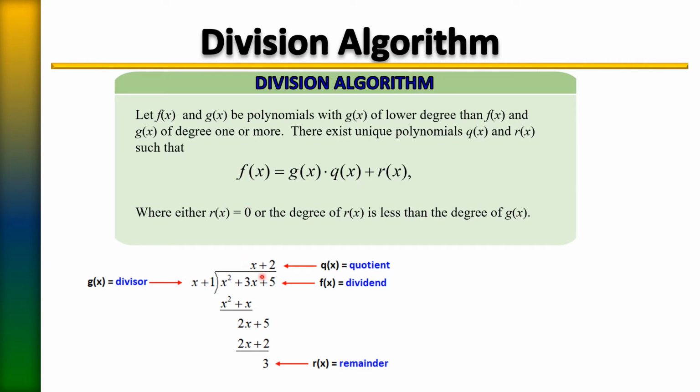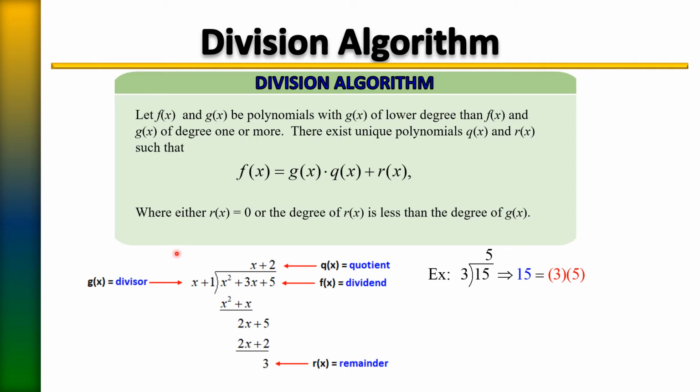Another way to think of it, a simple division problem like this one: the divisor times the quotient equals the dividend. So you can write it as 3 times 5 equals 15.